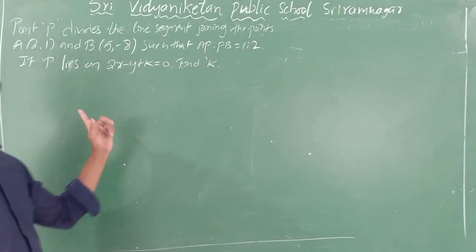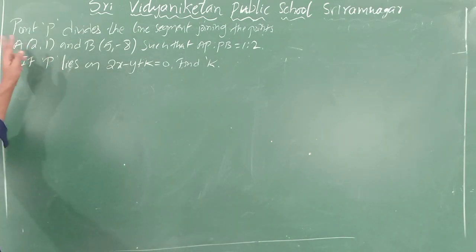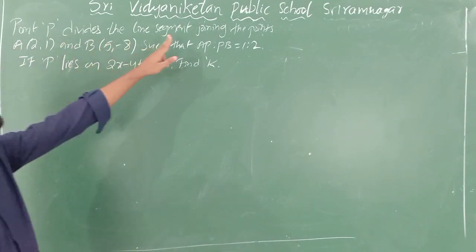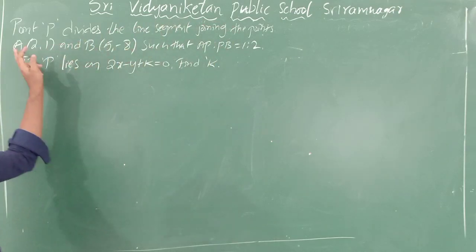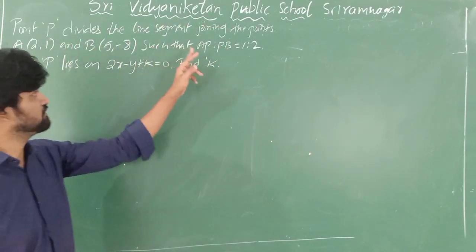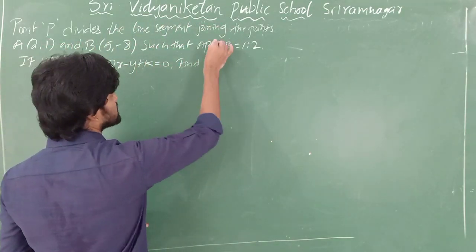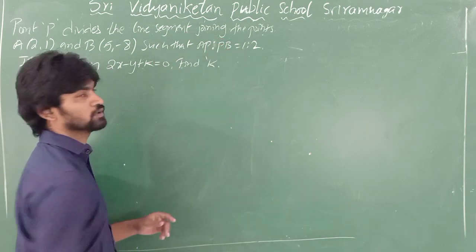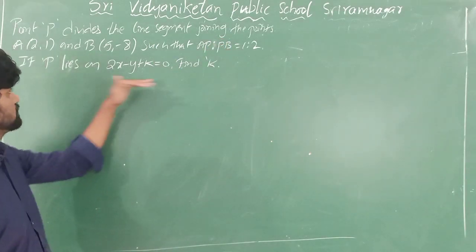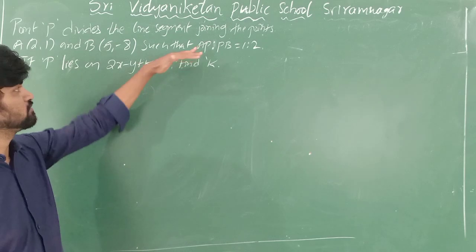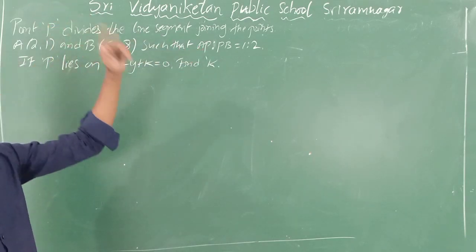See, this is a little different question. Point P divides the line segment joining the points A and B in the ratio 1 is to 2. Forget about the rest for now. First we don't know P, we will find P first.